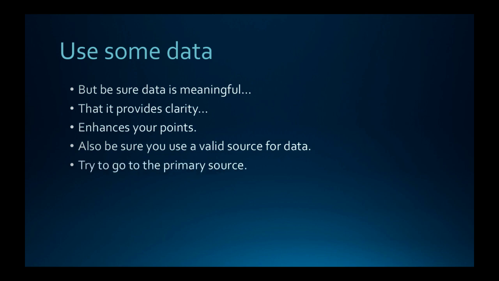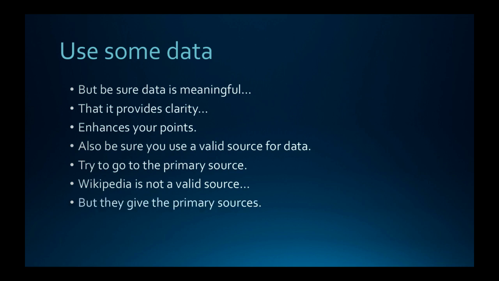So as we've already talked about, going to primary sources is going to be good. And Wikipedia, as we said, is not a primary source. So if I'm really trying to advocate for something, going to Wikipedia doesn't really make me look like I have expertise. Going to primary data and learning as much as I can makes me look like I have much greater expertise and knowledge about what I'm talking about.